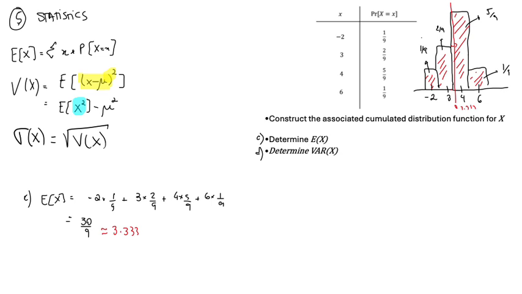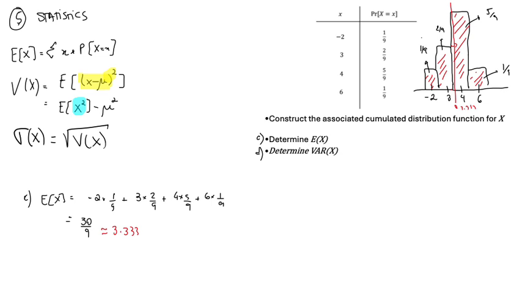All right, so now we are going to see the other two statistics: variance and then standard deviation. There are two formulas to calculate variance. The first formula is the expected value of a new variable, and this new variable is given by (x minus mu) squared.